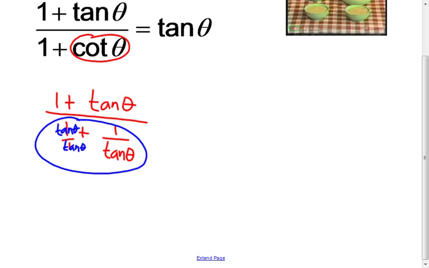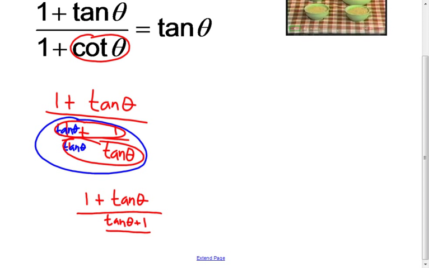Then in my numerator, I have 1 plus tangent, and in my denominator, I have tangent plus 1 over my common denominator right here, which is tangent.